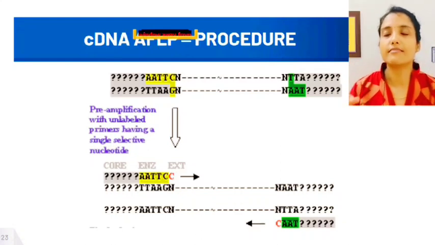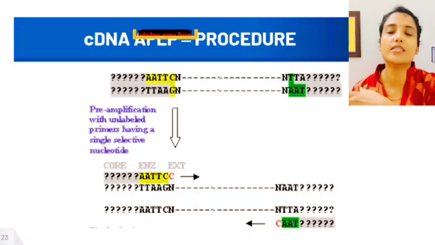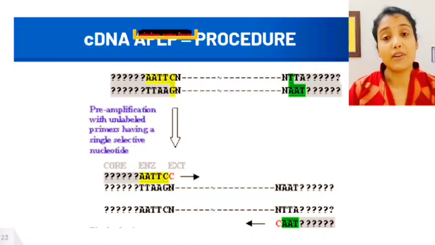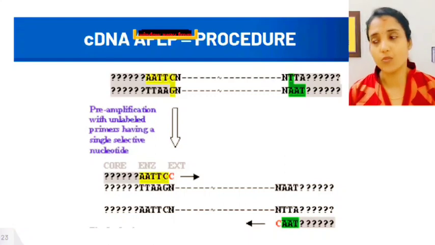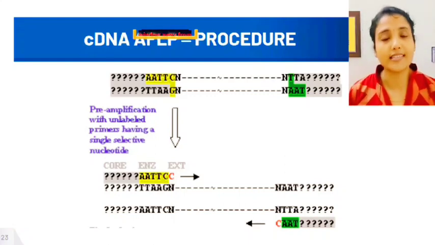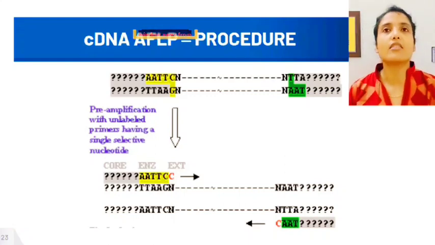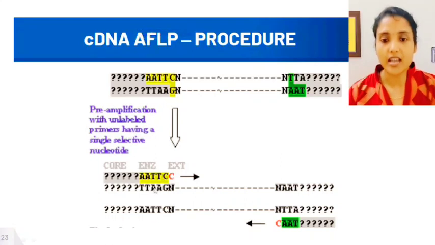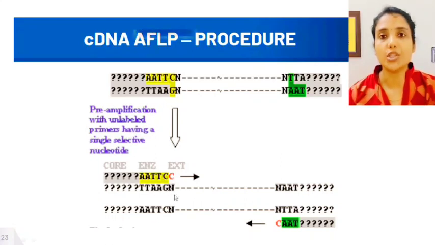So for example, if you had some 1,000 cDNA fragments, it will definitely be more than that, I'm just giving you an example. If you had 1,000 cDNA fragments with adapters ligated on both ends, only say 500 of them will have, just adjacent to the adapter, a G over here. Okay, chances of that are very less.